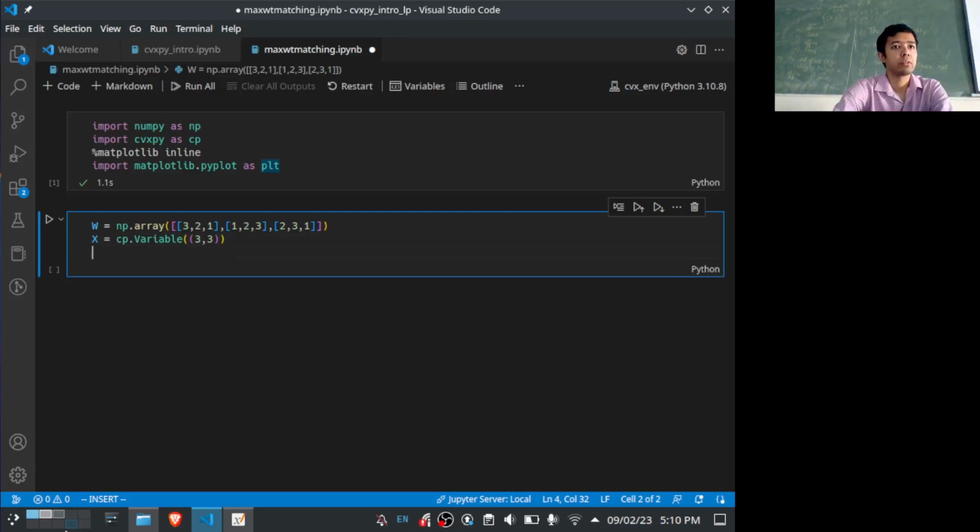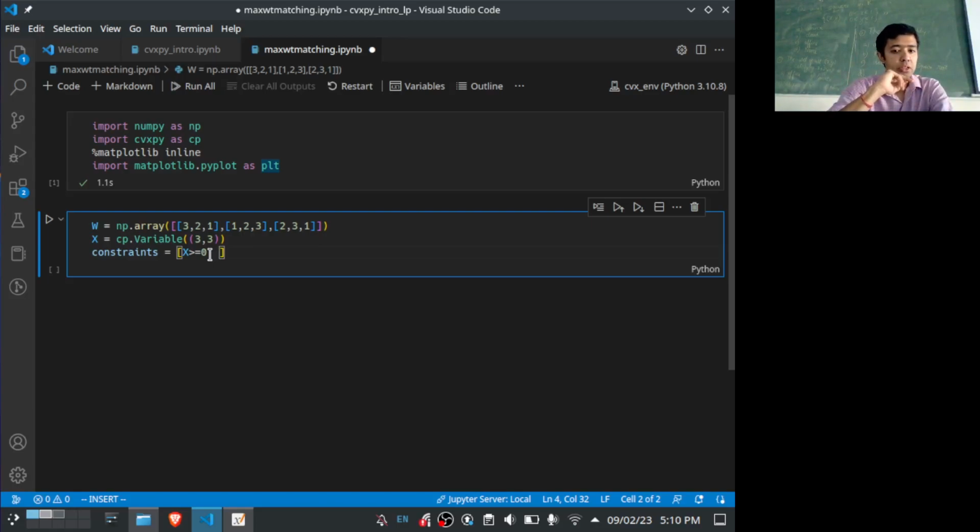I have to define my constraints. And what are the constraints that I have? X, of course, should be between 0 and 1. You can just say x greater than or equal to 0. And what else do I want? X less than or equal to 1. But in fact, when I say that the row sum has to be equal to 1, that automatically ensures that each xij has to be less than or equal to 1. Right?